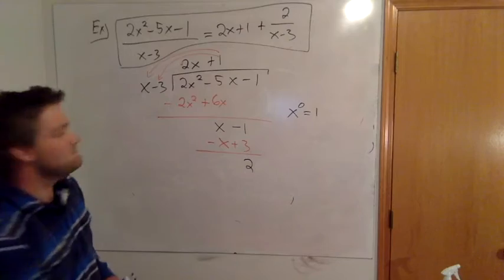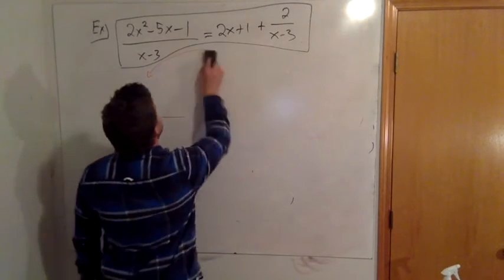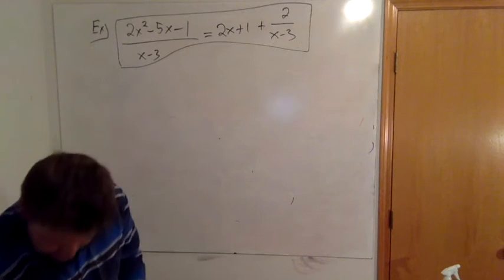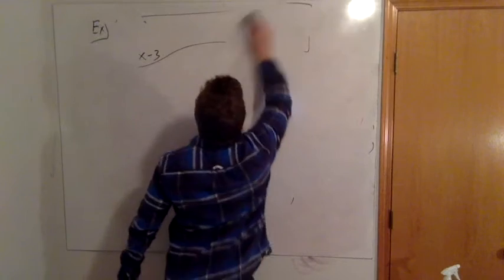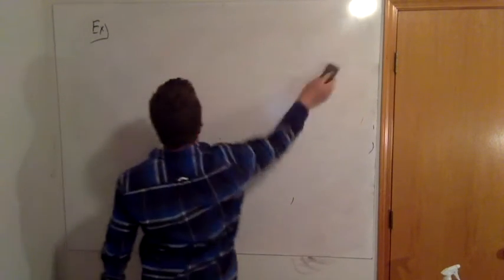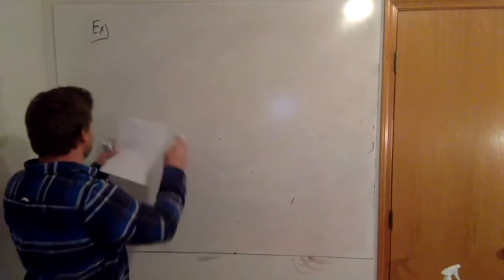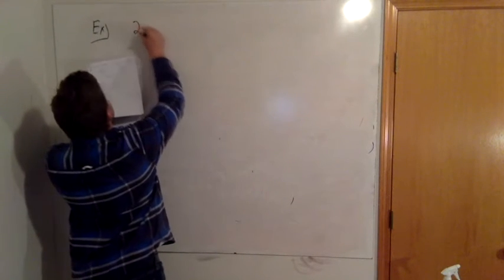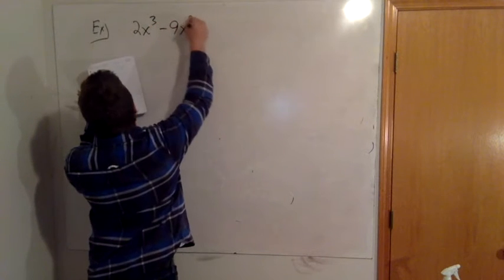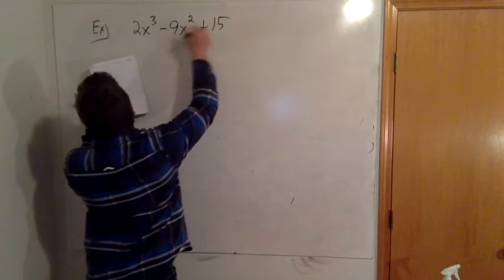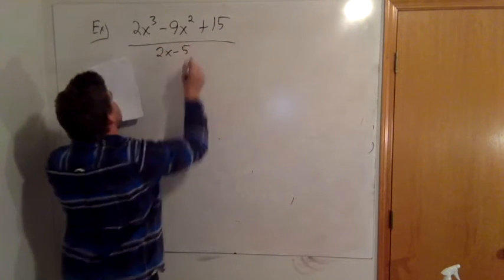Let's do another example. Let's say we have 2x cubed minus 9x squared plus 15, and let's divide that by 2x minus 5.